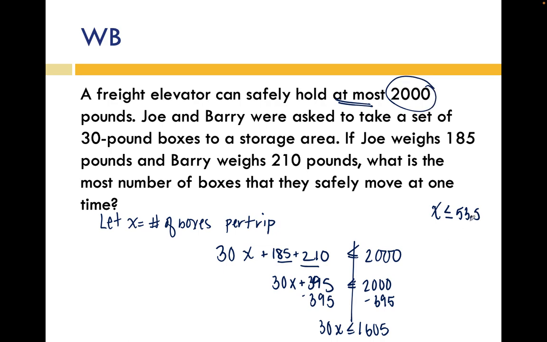So although 53 and a half technically rounds up to 54, in this specific example, we actually want to round down to 53 boxes only, because we do not want to go over the weight limit. So our answer here would be they can move at most 53 boxes at one time.